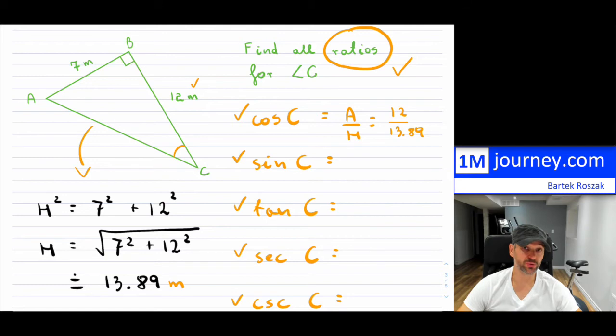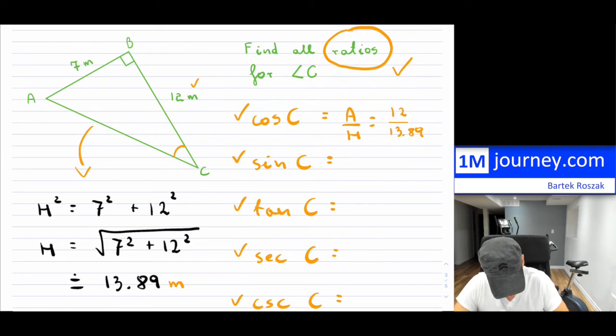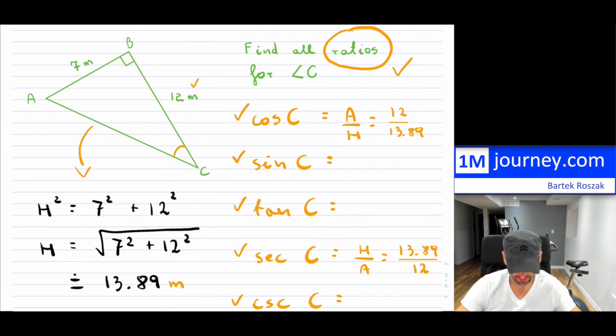You can compute it if you like, but I'll just leave it as a ratio. And right away, I can fill out the secant. The secant is just hypotenuse over adjacent, so it's just the reciprocal, and this is what I would get right there. So I can knock off 2 birds with 1 stone.